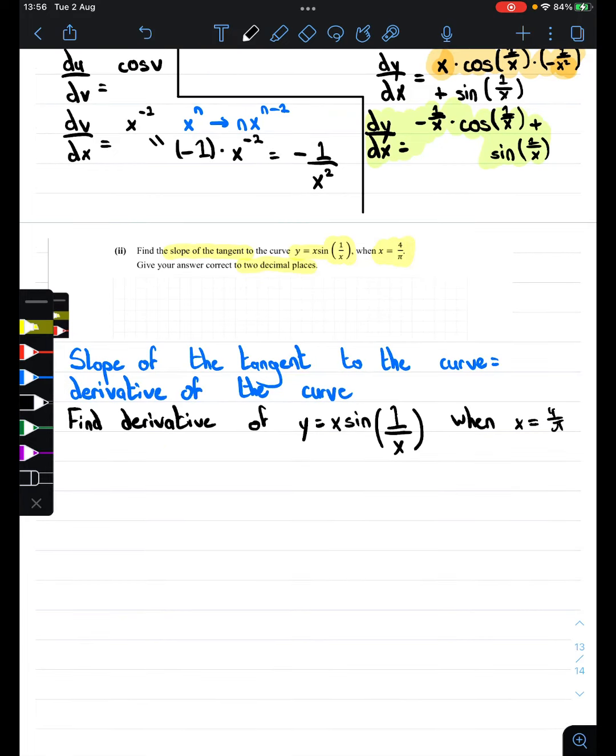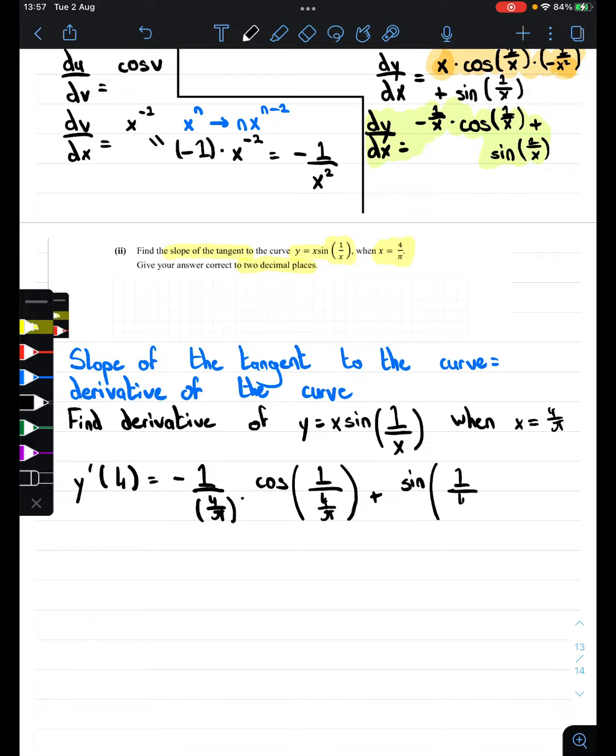So y prime at 4 over pi, which is just dy/dx evaluated at 4 over pi, is just minus 1 over x, which is 4 over pi, times cosine of 1 over 4 over pi, plus sine of 1 over 4 over pi.